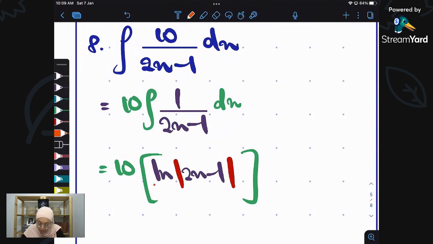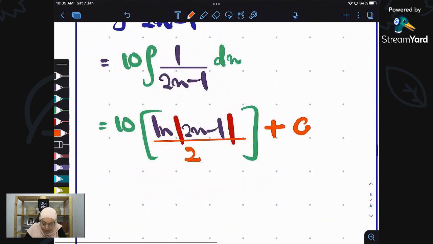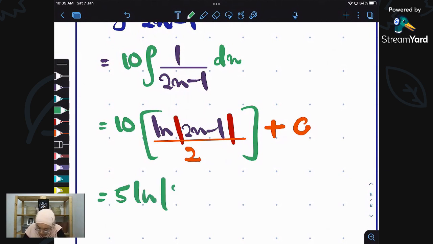I must not forget to divide it by 2. Wow, where is this 2 coming from? And then tambah C. Sabar ya. Saya tulis dulu jawapannya. 5 equals to 5. Therefore, the answer is 5 ln modulus 2x minus 1 plus C. Okay, so this is the answer.